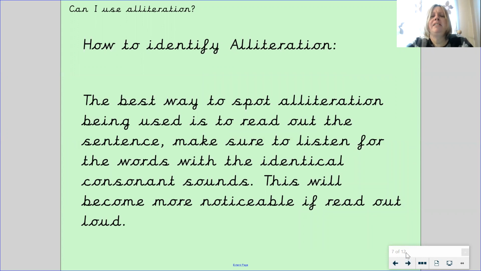How do we identify alliteration? The best way for you to spot alliteration being used is to read out the sentence. Make sure you listen for the words with the identical consonant sounds. These will become more noticeable if you read them out loud.